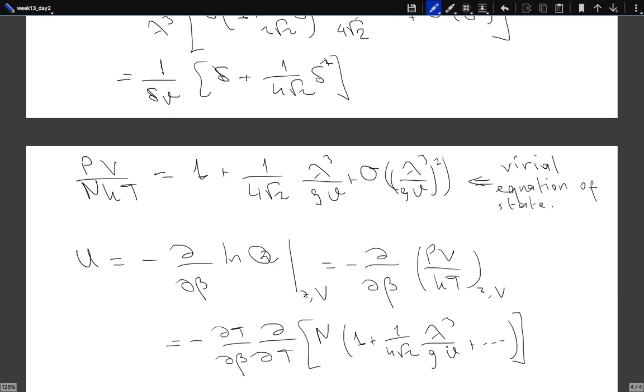Why is this wrong? If I use this expression for PV over KT, when taking the derivative, I would have made a mistake. Why?